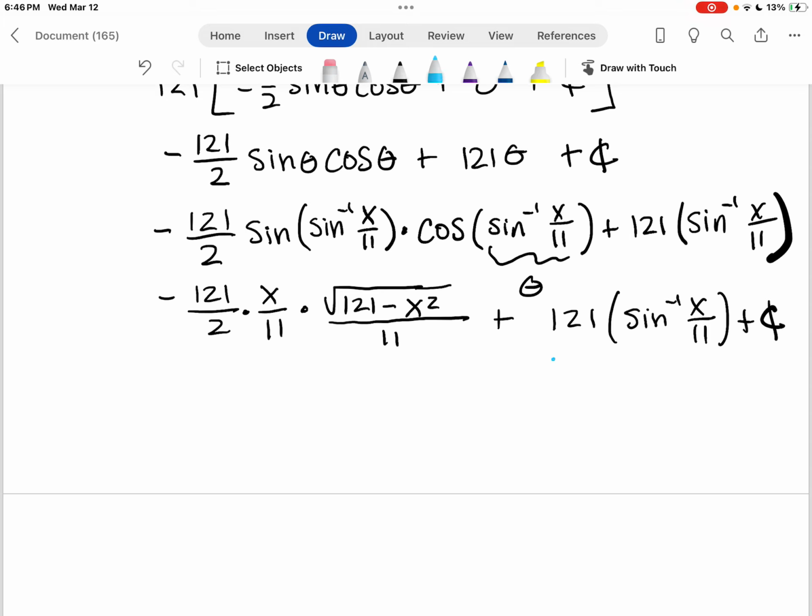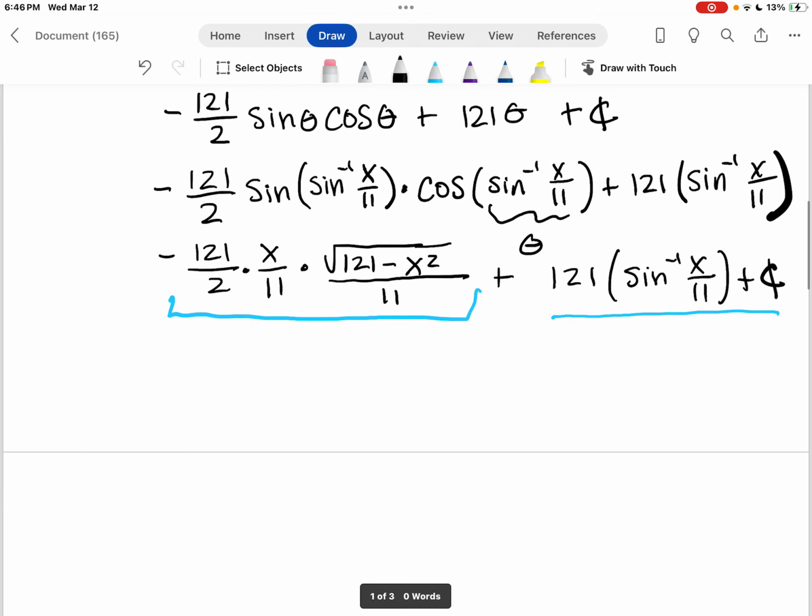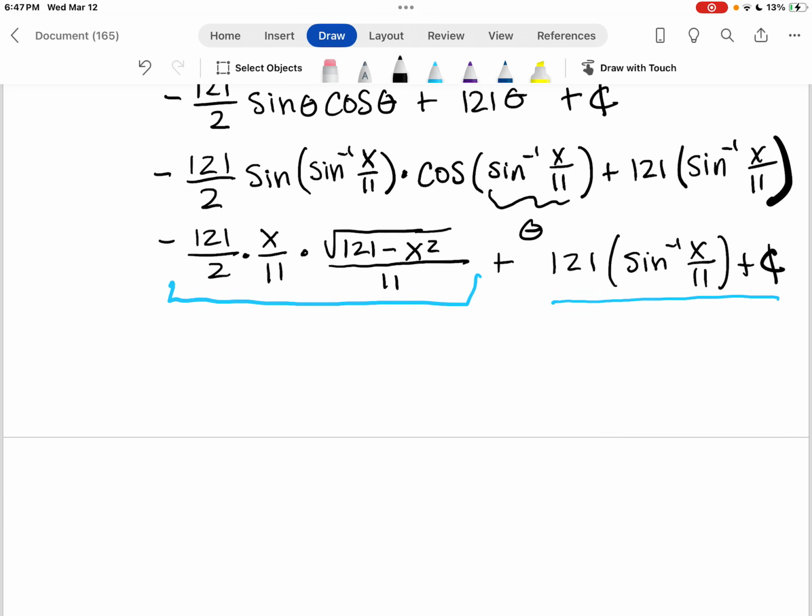Now there's nothing we can really do to simplify this last part, but we can simplify this first expression. On the bottom, we have 11 times 11, which is 121, so that's going to cancel with the 121 on the top.